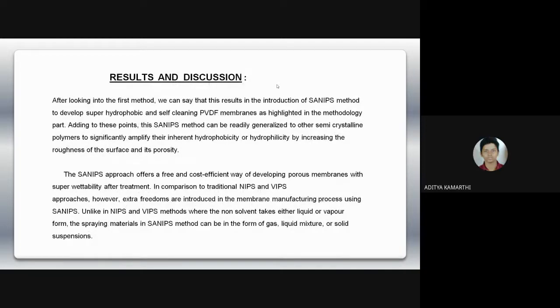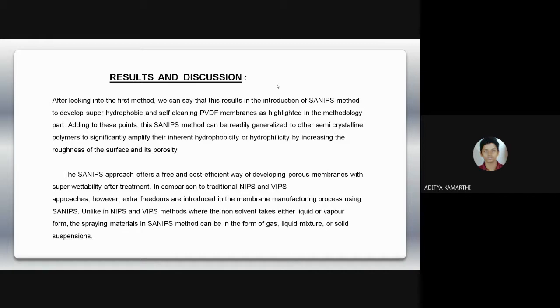Coming to the results and discussion, after looking into the first method, we can say that this results in the introduction of the SANIPS method to develop superhydrophobic and self-cleaning PVDF membranes, as highlighted in the methodology part. Adding to these points, this SANIPS method can be readily generalized to other semicrystalline polymers to significantly amplify their inherent hydrophobicity or hydrophilicity by increasing the roughness of the surface and its porosity.